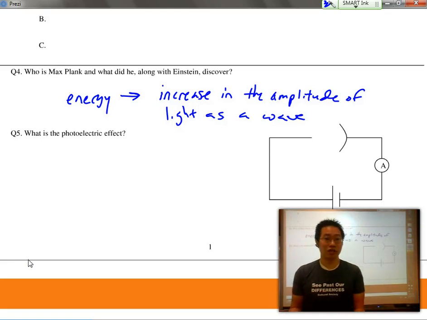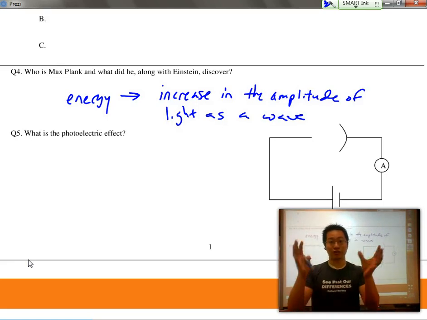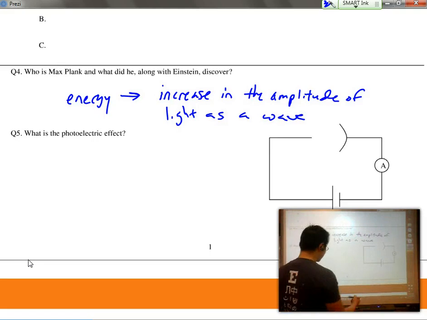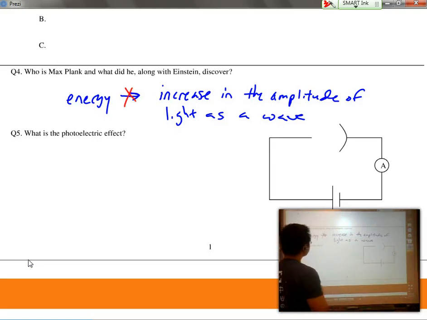It wouldn't change colors. It would just stay red and just get redder and redder. It's brighter and brighter. But this didn't happen.